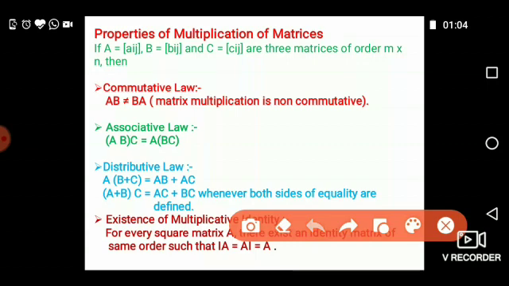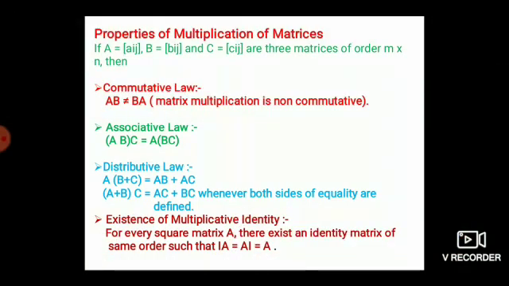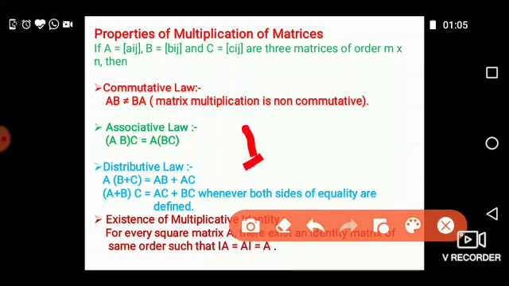For any square matrix A, there exists an identity matrix I of the same order such that I into A is equal to A into I is equal to A. Such multiplication is called existence of multiplicative identity, where I is an identity matrix of the order of matrix A. Therefore, here I is called the multiplicative identity of a matrix A.